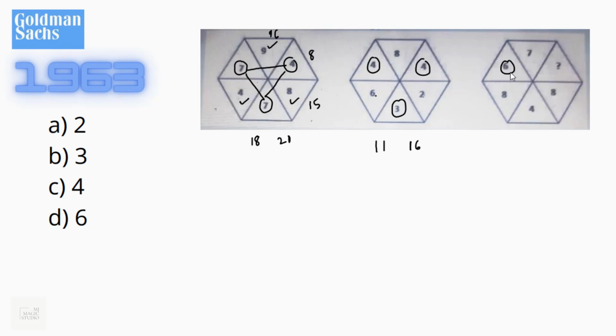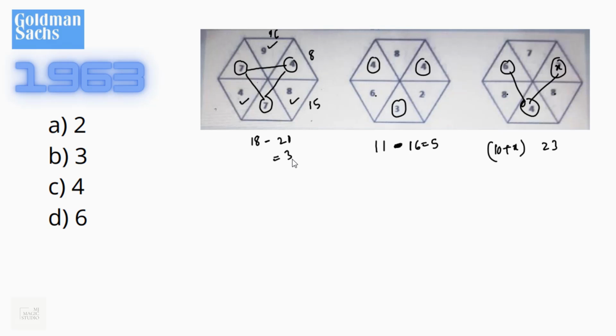Now here would be 6, 4, 10 and x. So 10 plus x. And 8, 8, 16 and 7 is 23. So how is it working? 21 minus 18 is 3. 16 minus 11 is 5.